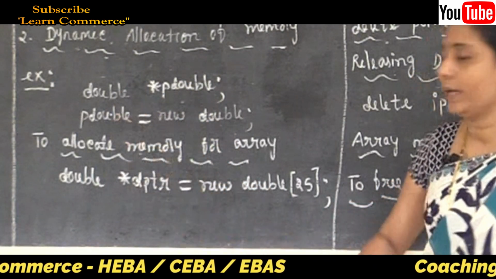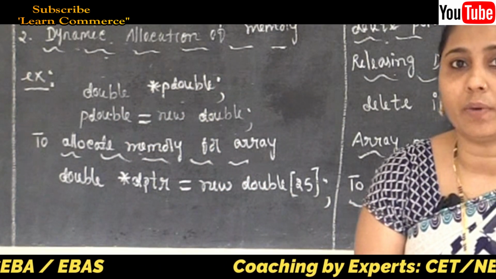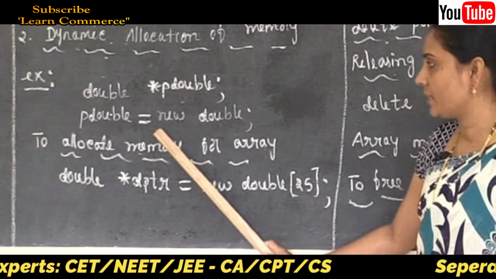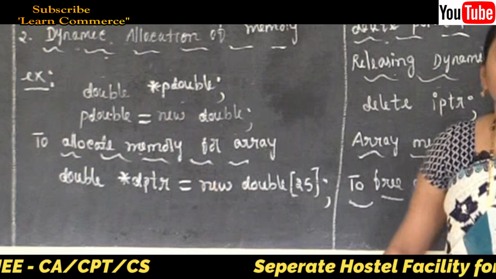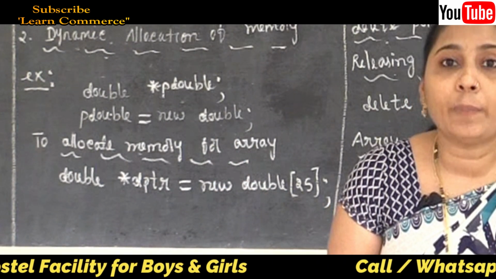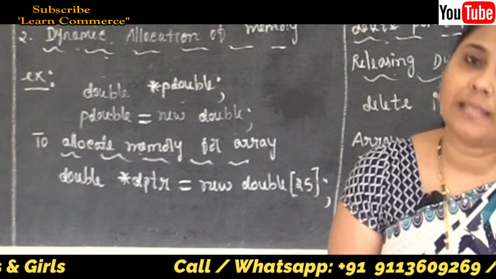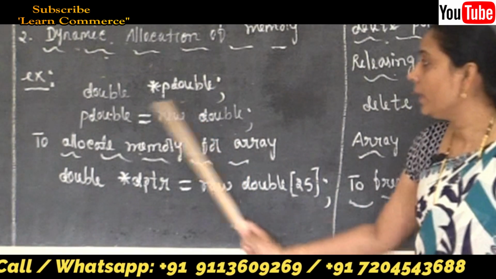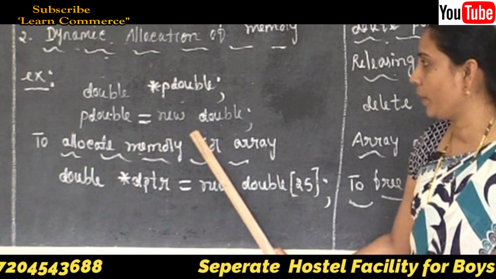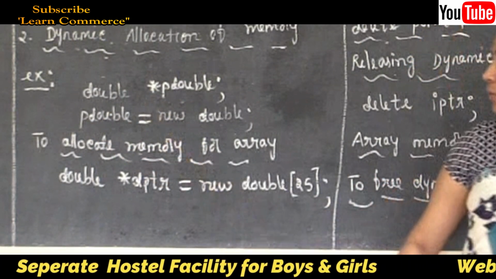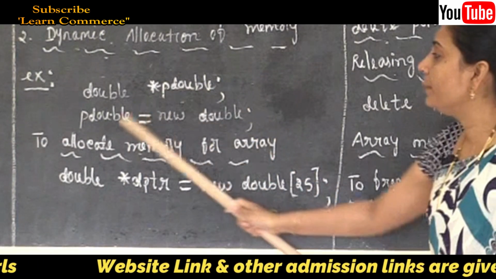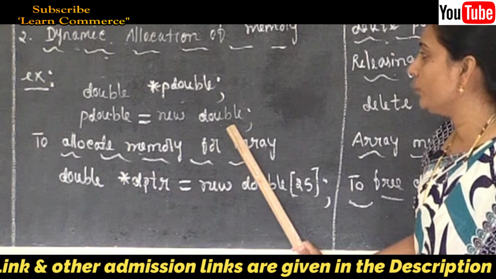And the second line I have written as p_double is equal to new double. The meaning is to allocate the memory for a double data type, and then make the pointer p_double point to this new memory. So this is the meaning of the example: double pointer p_double, p_double is equal to new double.